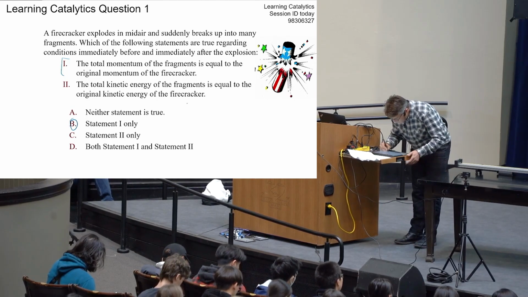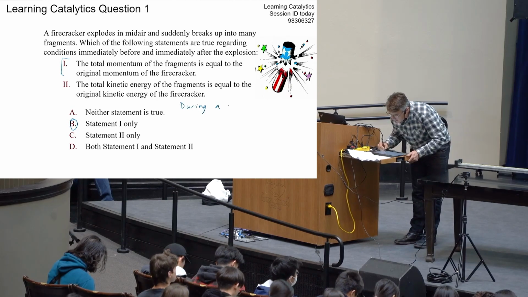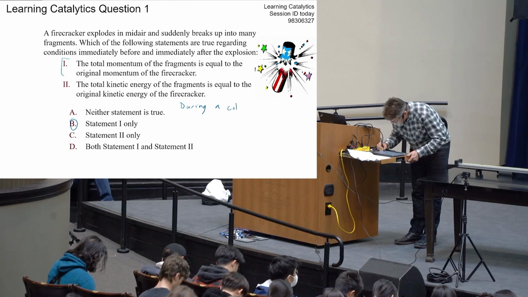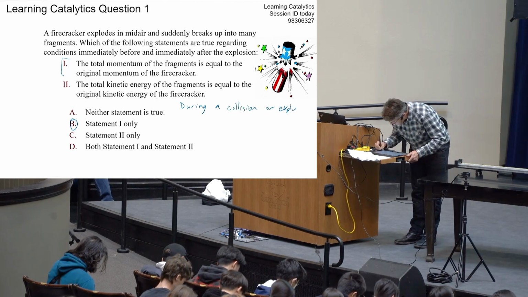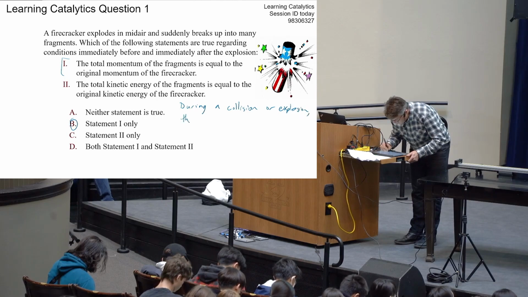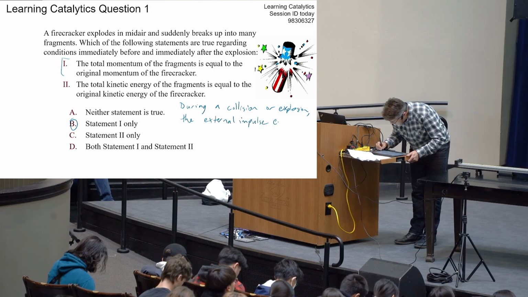So during a collision or explosion, the external impulse can be neglected. This is what's called the impulse approximation.